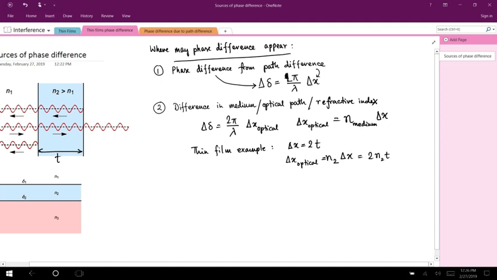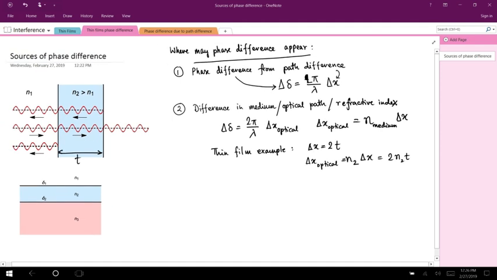That's the idea, right? It turns out that there is another source of where phase differences can appear. And so the third one is that phase differences may appear due to reflection. And this only happens, and this is crucial, for reflection from rarer to denser medium.